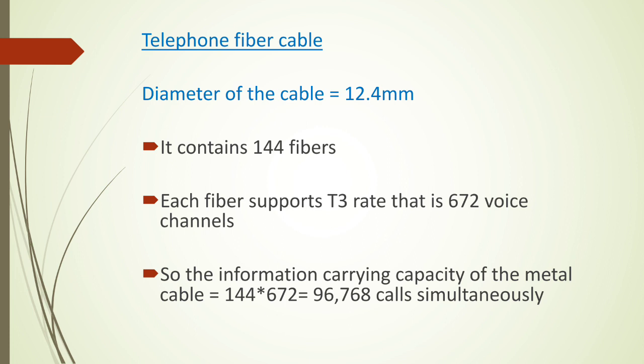So this cable is smaller than the mentioned metal cable. And this cable contains 144 fibers. There were 900 twisted wire pairs in the metal cable, while here we have only 144 fibers.